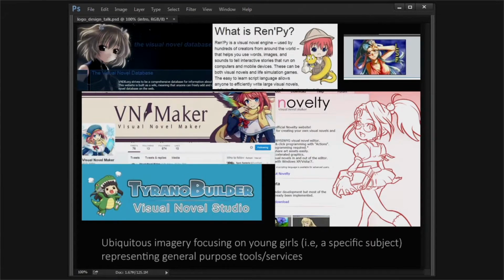They'll self-select very quickly, and they won't tell you when they do. They might see anime girls and get turned off immediately, even though they might like visual novels. So people are self-selecting based on a subject matter, anime girls, rather than the actual art form, which is visual novels, which they may like. Ren'Py, for example, is a totally general purpose visual novel tool, and you can make anything with it. It doesn't have to have cute girls in it or whatever.